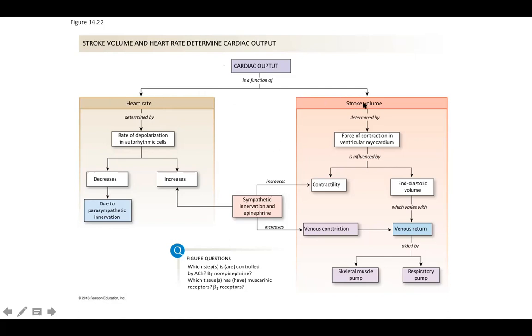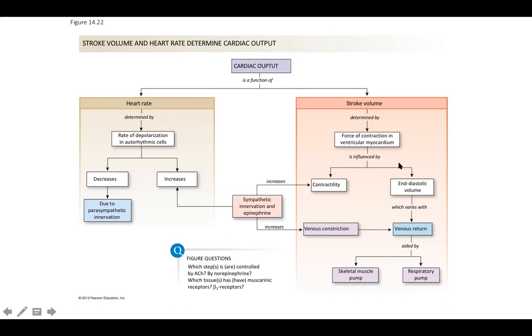Your stroke volume is a function of the contraction in the ventricular myocardium. So each cardiac myocyte, the force that it can generate influences the amount of blood that is pumped out. And this force within the ventricular myocardium is influenced by two things. It's influenced by the contractility of the heart, so we talked about that.